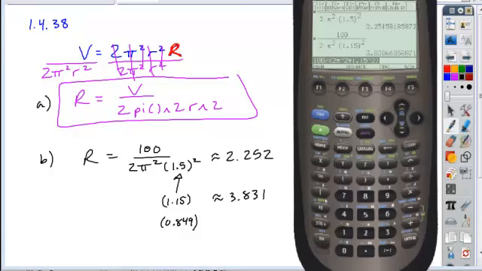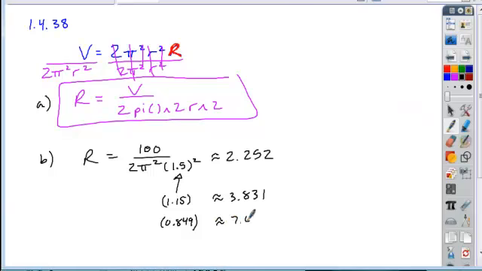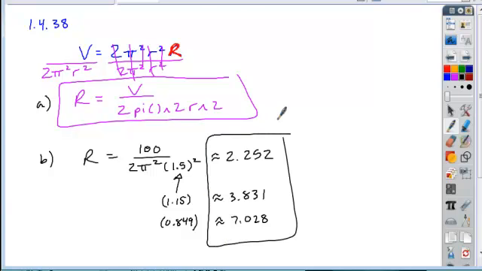And then the final one, if we substitute in 0.849, we get an answer of about 7.028. And so these would be your remaining answers.